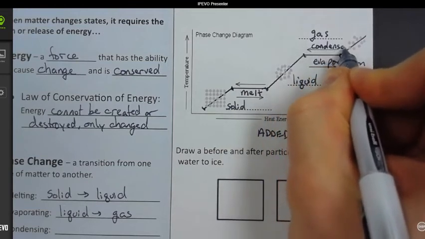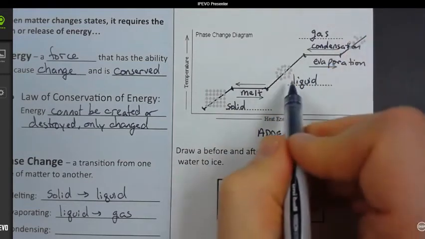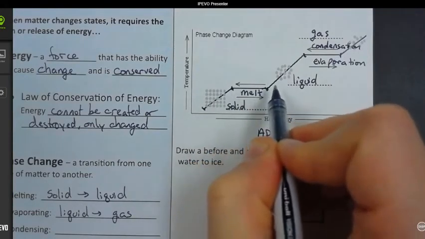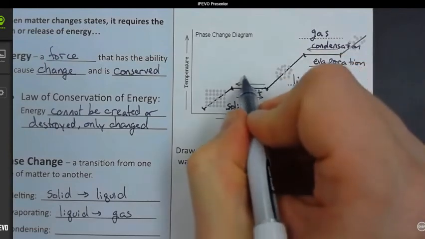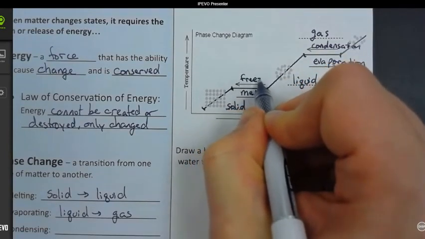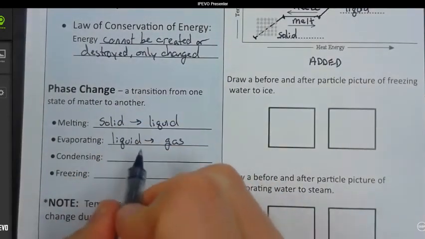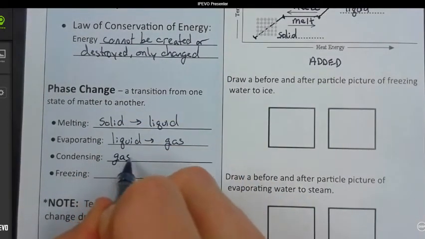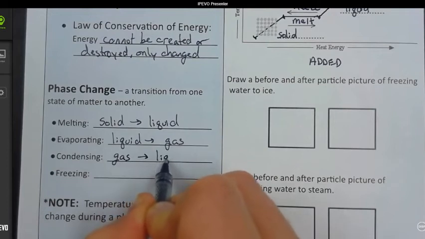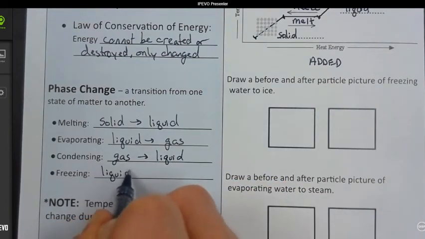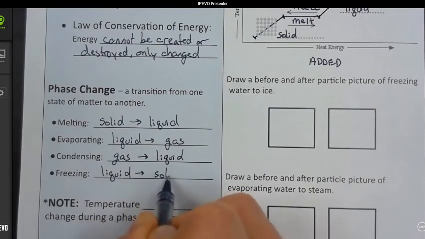And if I go from a liquid back to a solid by taking energy out going this direction, we refer to that as freezing. Okay, so condensing or condensation is when you go from the gas phase back to the liquid phase, and then freezing is when you go from the liquid phase back to the solid phase.